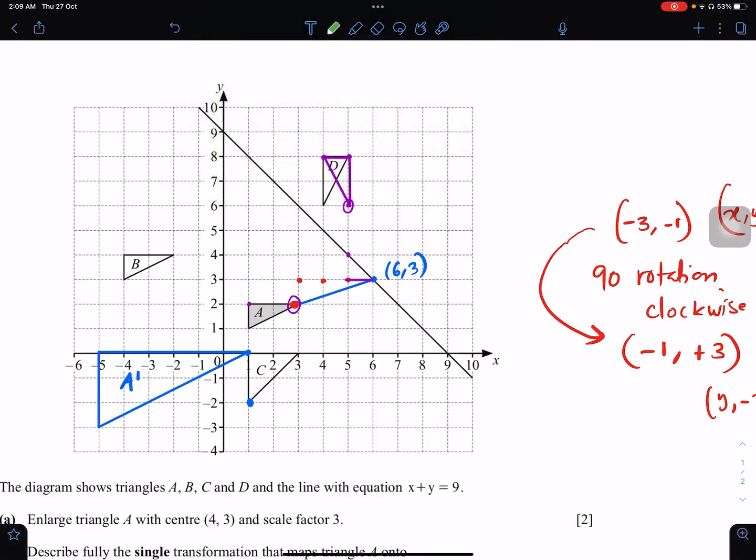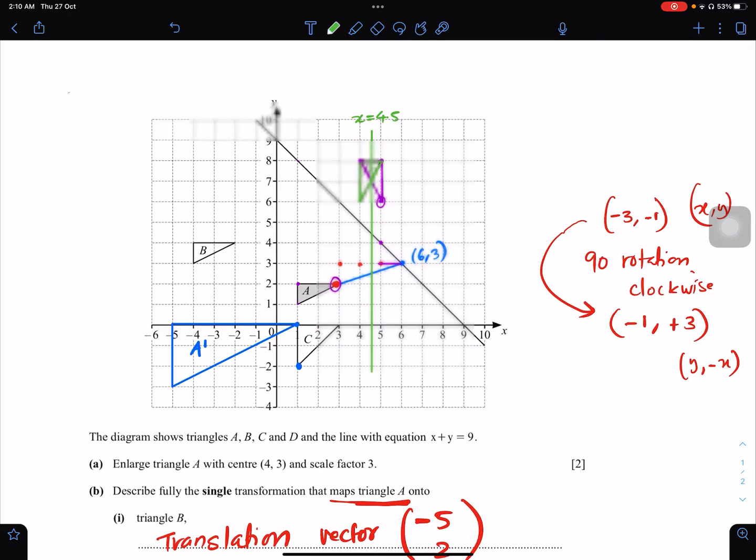That line in the middle will be between 4 and 5. Let's call it 4 plus 5 divided by 2, x equals 4.5. So once I reflect this purple figure about this line, I'm going to get back to the original figure D, and that was required.